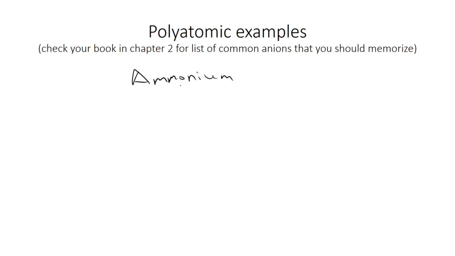Ammonium. And we'll go with ammonium sulfide. So ammonium, we can look it up on the table, or if you have it memorized, you know that it is NH4. And sulfide, we saw that in an earlier example, S. So ammonium, charge +1, sulfide -2. We do the same thing here, right?